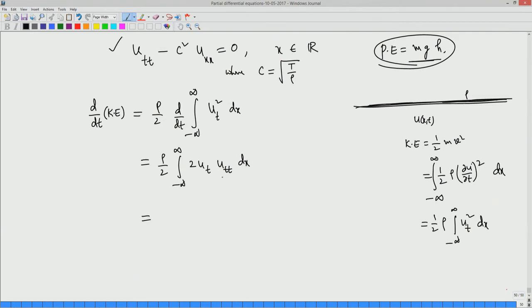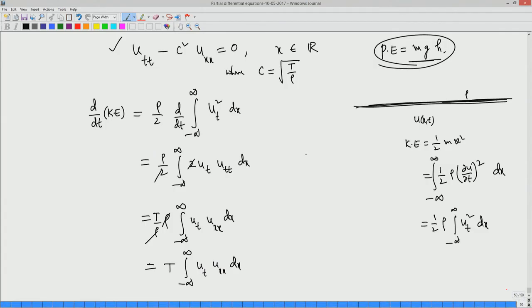From the equation you can substitute for utt, which is c square uxx. The 2 cancels, and rho c square is T, so this is equal to T times the integral from minus infinity to infinity of ut into uxx dx.